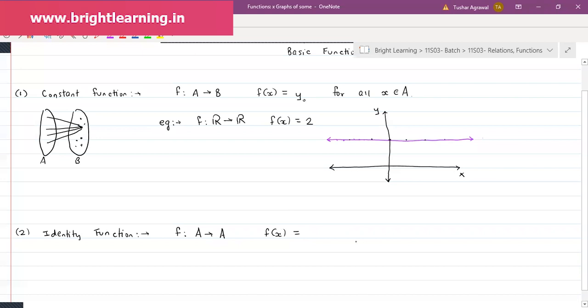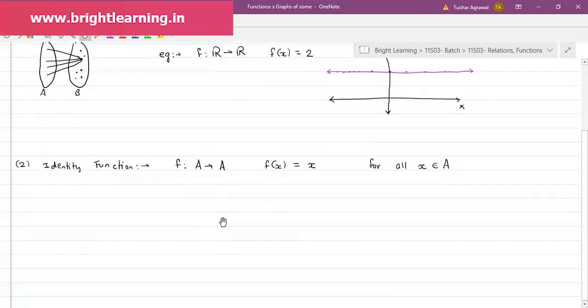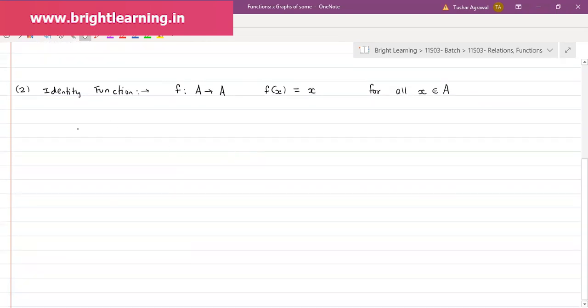Means f of x for all x belonging to A. Means x is an element in the domain set. So what should be the image of that element? The image should be x itself. It means each element will be related to itself. The image of that element will be itself only.